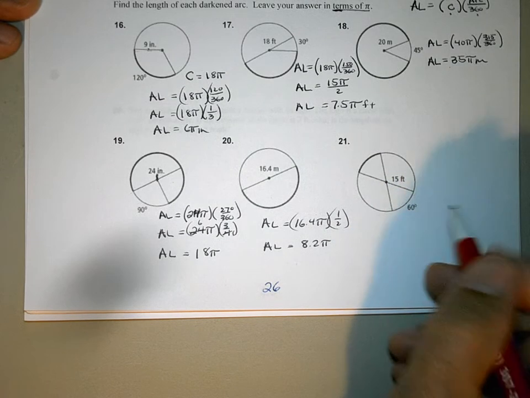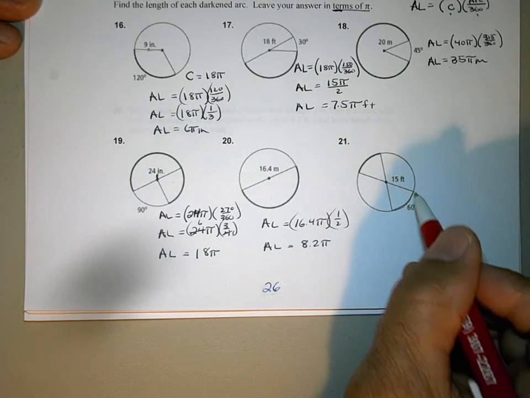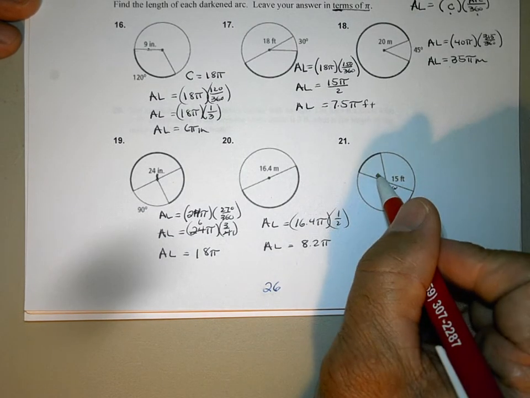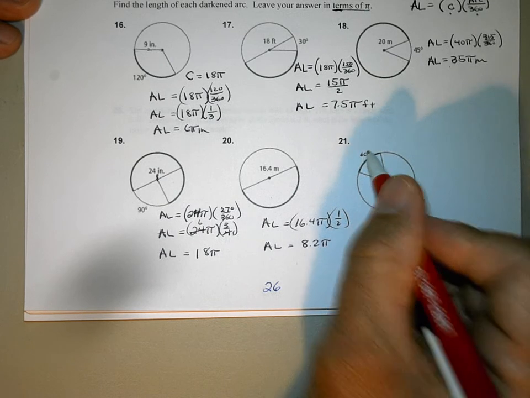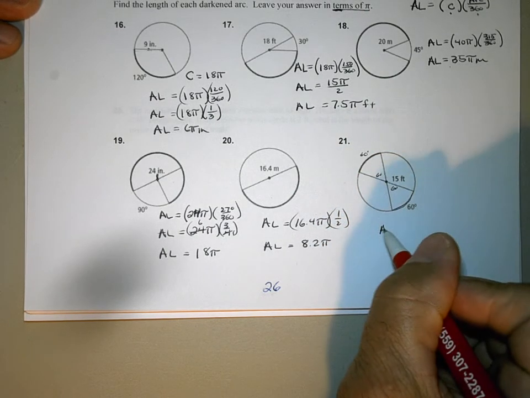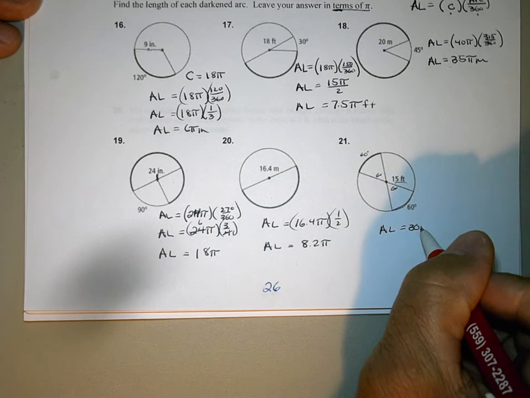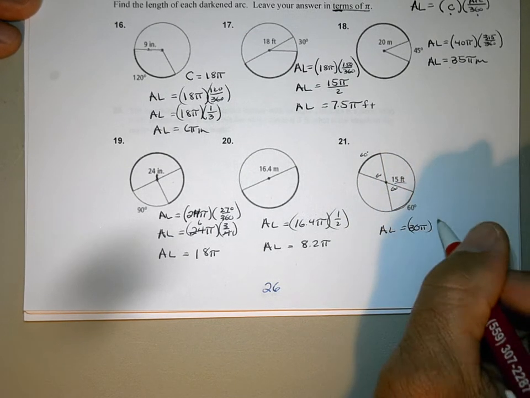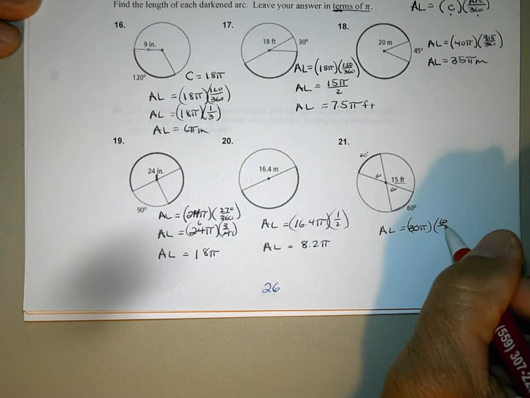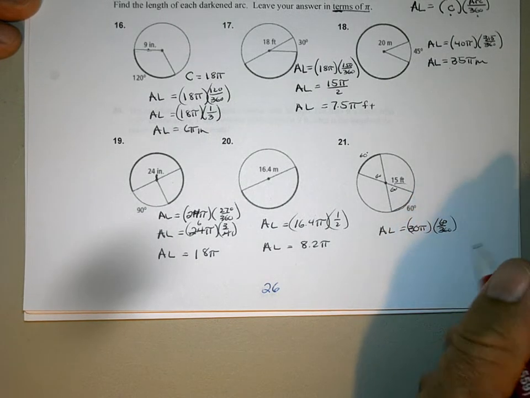All right, well, this is 60 degrees. So our arc length is, this is a radius, so 30 pi times 60 over 360. We've already reduced this once.